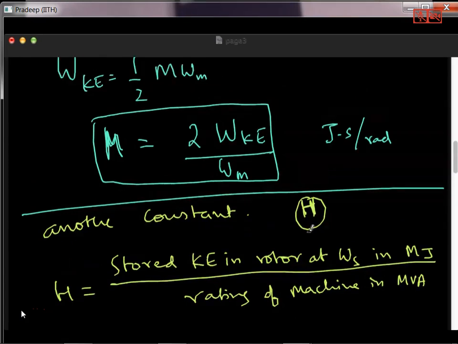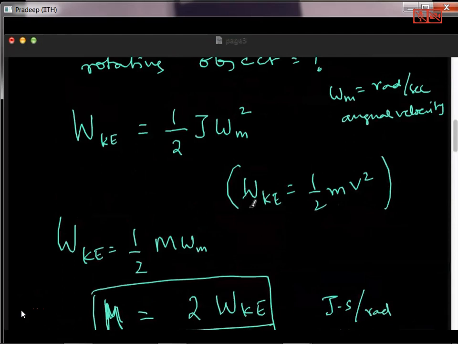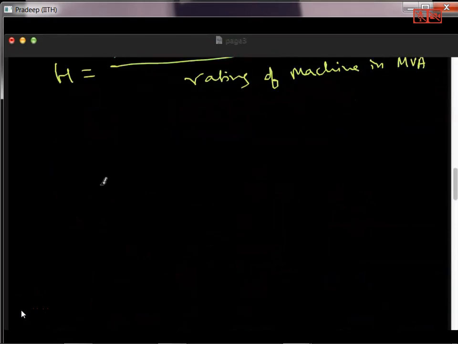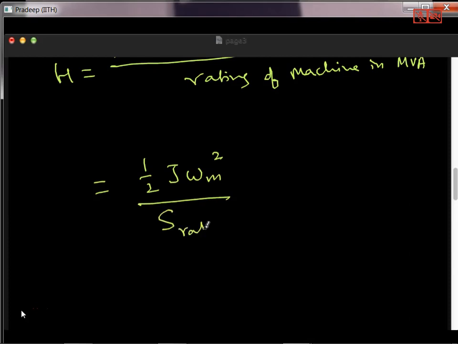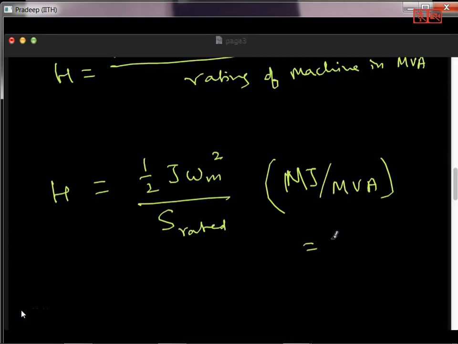Kinetic energy I have already defined here, that is half J omega m square. So this is kinetic energy stored divided by S rated, complex power MVA rating of the machine. This is nothing but my H. And we should define it in such a way that the numerator is in megajoules and the denominator is in MVA, megavolt amperes. Interestingly, this unit is also equal to seconds. 1 megajoule by 1 MVA is 1 second.